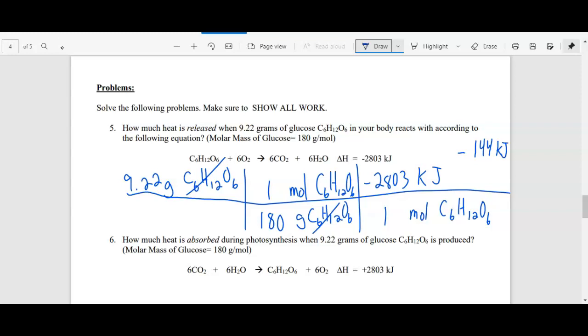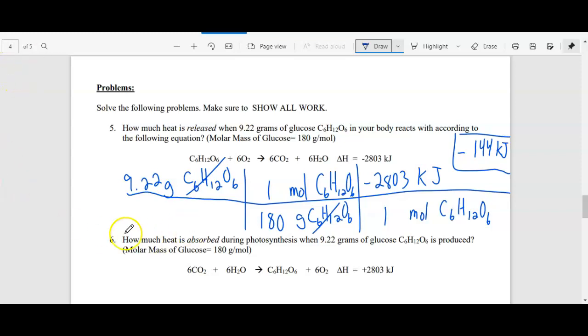And then now we have our answer. So we notice that it's a lot less than this value here, but that's because this value is for 1 mole, which was 180 grams. We've only got 9.22 grams, so it should be way less than the other value. That's all there is to that.